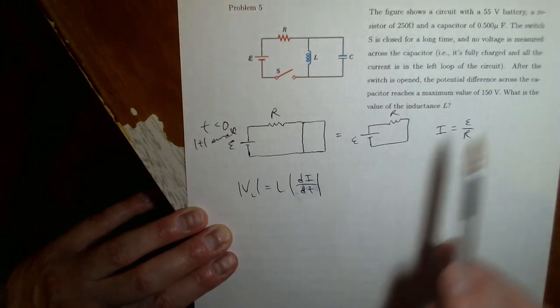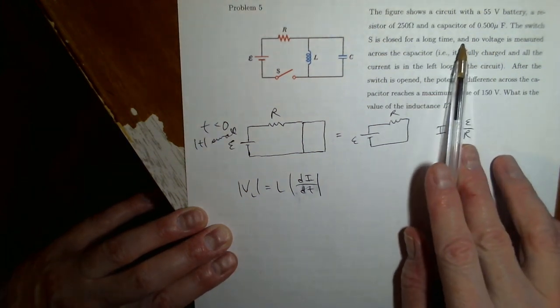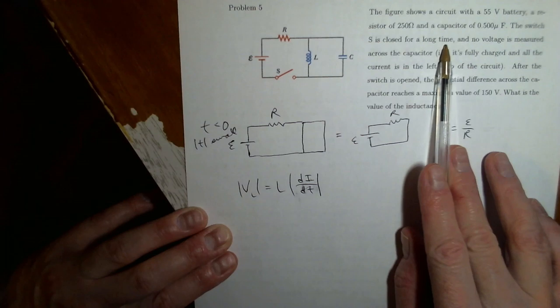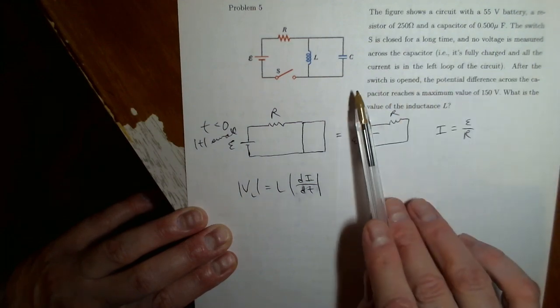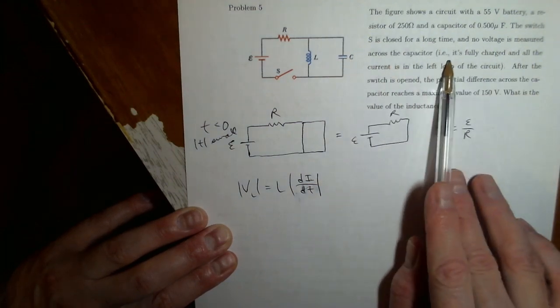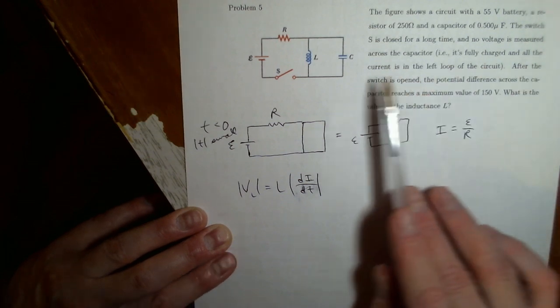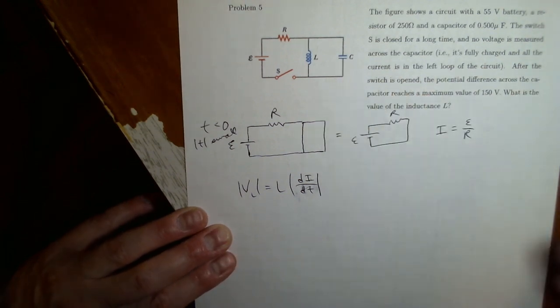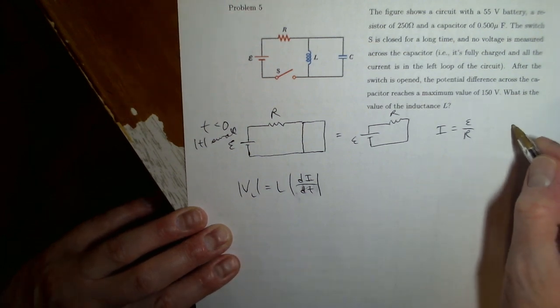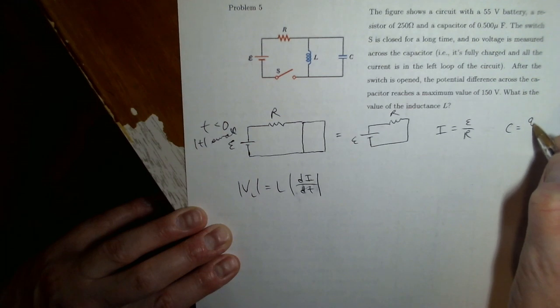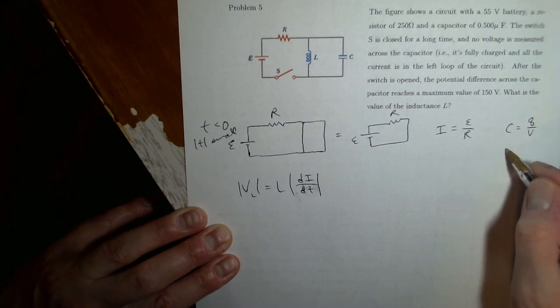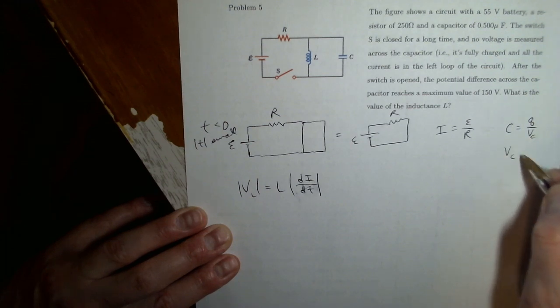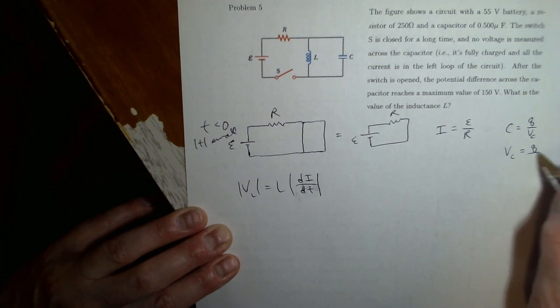And there's a bit of an odd wording here. It says the switch is closed for a long time. No voltage is measured across the capacitor. That is, it's fully charged. Well, no voltage across the capacitor means that there's no charge on the capacitor, since the capacitance is charge over voltage, or its voltage is charge over capacitance.